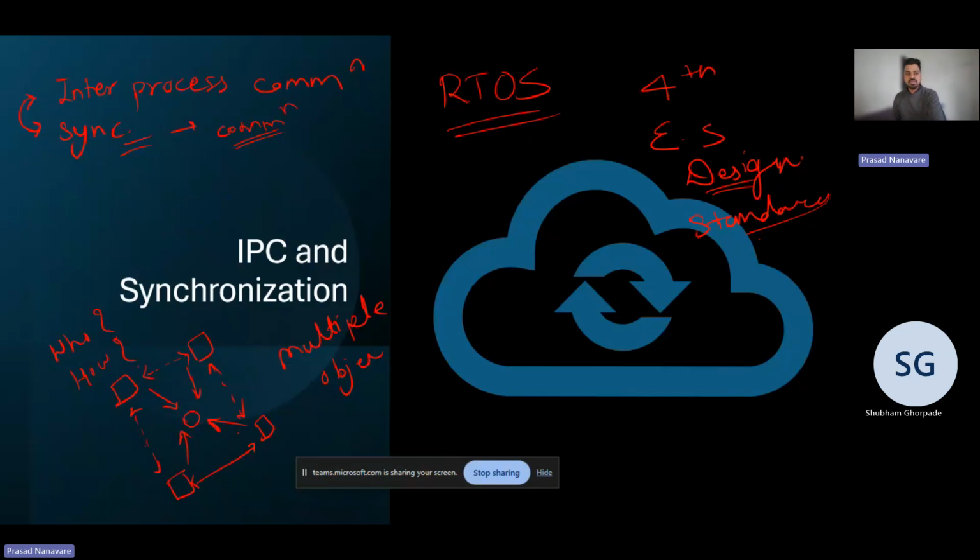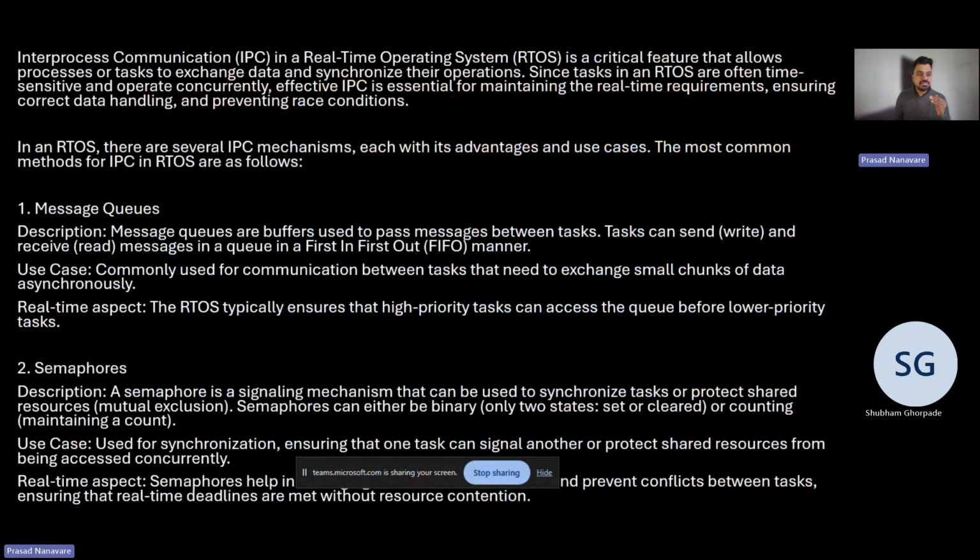So there are some mechanisms for IPC that we studied in detail in the last lecture. Those are message queues and semaphores. Message queues are nothing but buffers. Data is latched into the buffer for communication purposes, and then it is exchanged on the trigger of an event.